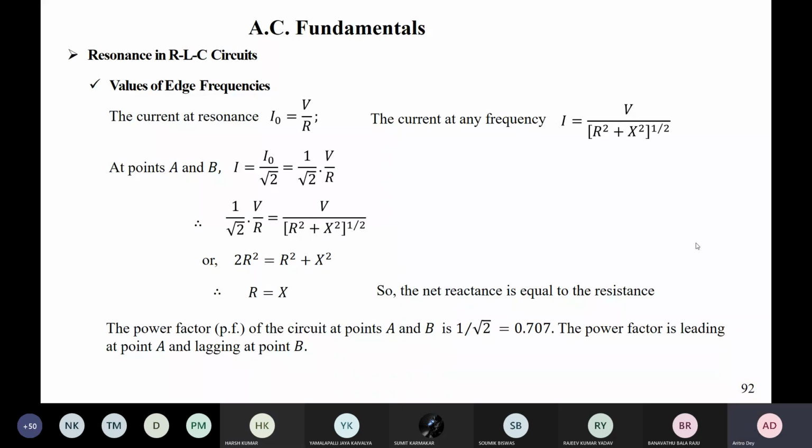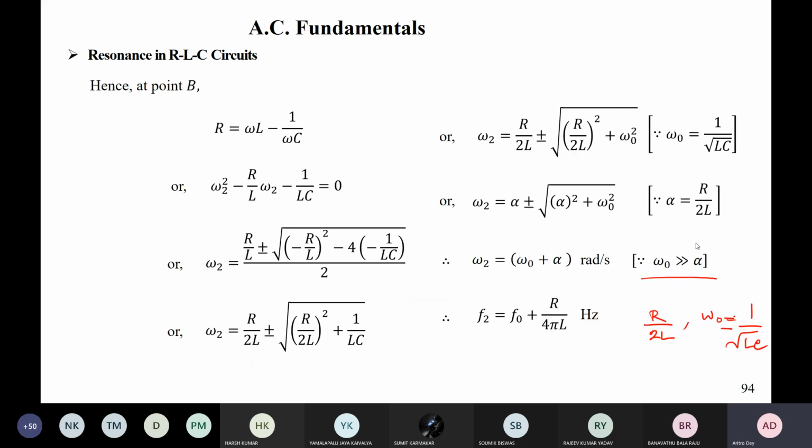No. So it is in the case when you take a value of, say, L equal to some millihenry, 1 millihenry, and C equal to 10 microfarad, like that. So what will be your omega 0? It is 1 by root over of 10 to the power minus 3 into 10 to the power minus 5.